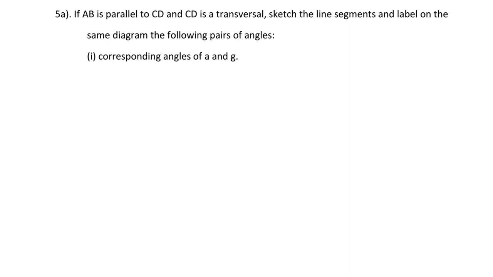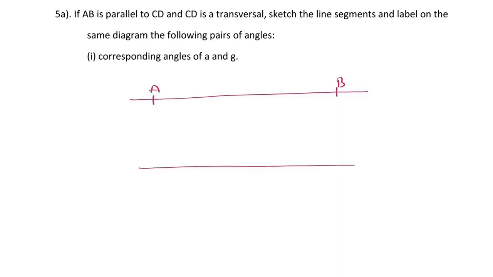So we are going to start by drawing the two lines. So first we are going to draw line AB, and then we draw line CD, and we've been told that these two lines are parallel.